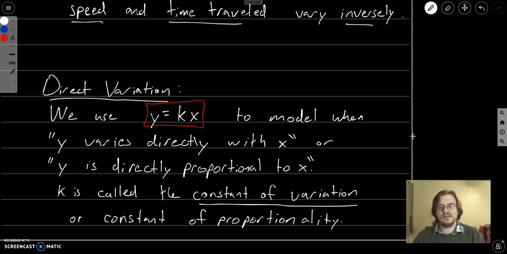And it tells us if x increases by a little bit, how much does y increase? So if k is, for instance, 2, when x gets bigger, y will also get bigger by a factor of 2. So k just tells us how much they will vary with one another.